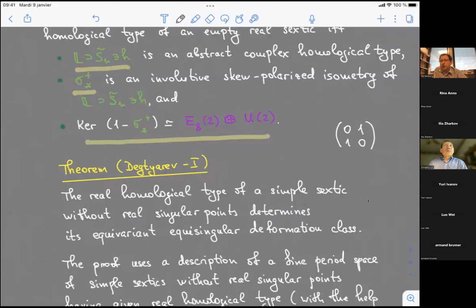So I have several specific things coming together with my sextic. Since my sextic is singular, I have in my K3 surface these classes of exceptional divisors.